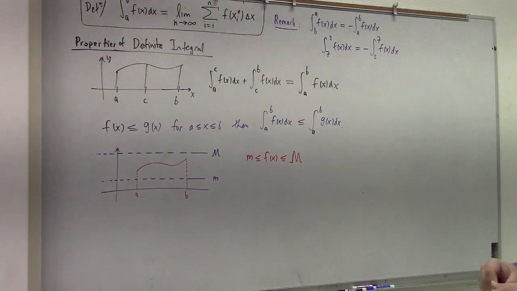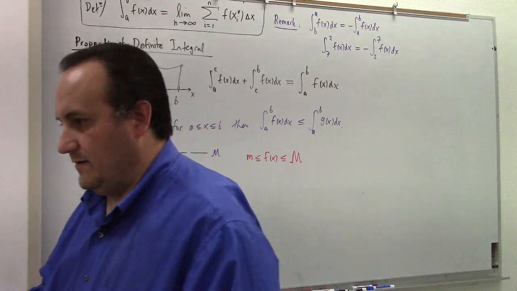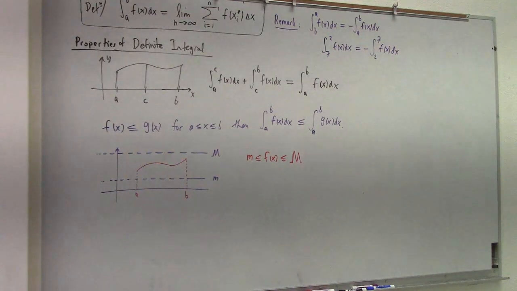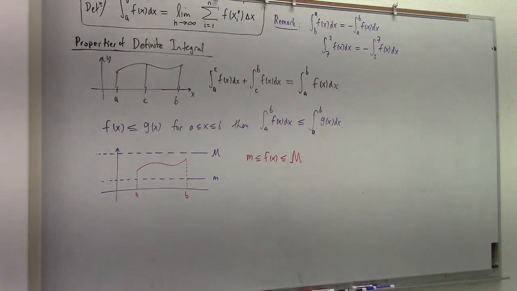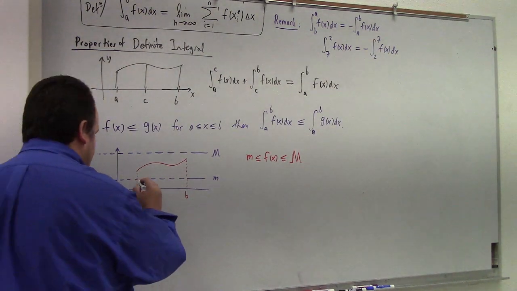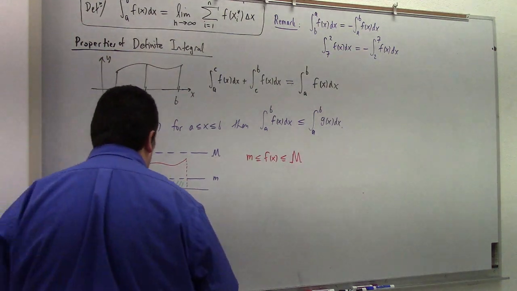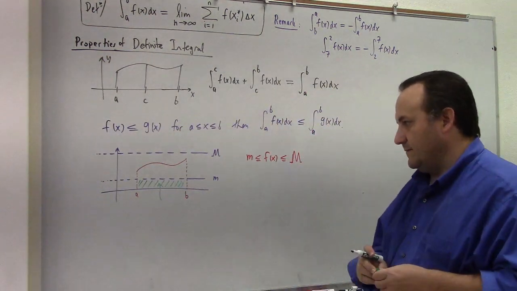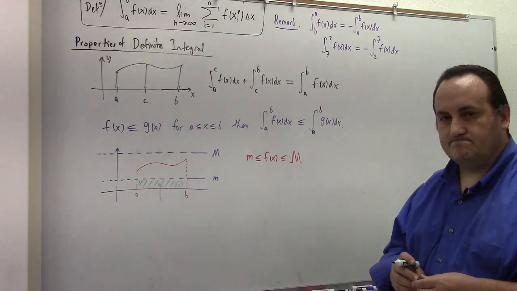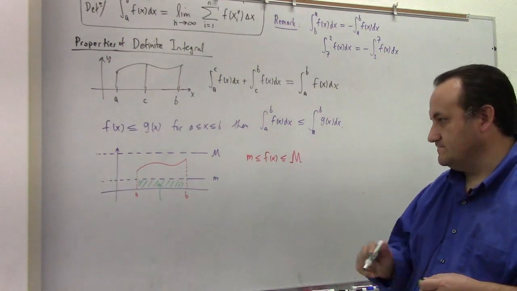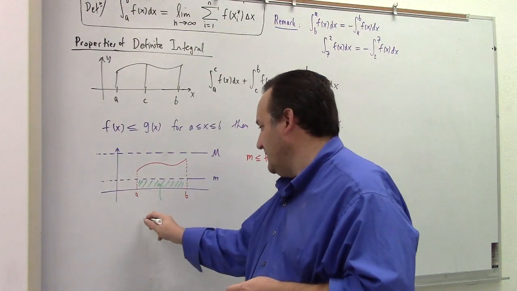Well, check this out. If you look at the area, you guys tell me, what is the area of the rectangle that I'm about to graph? Length times width, right?